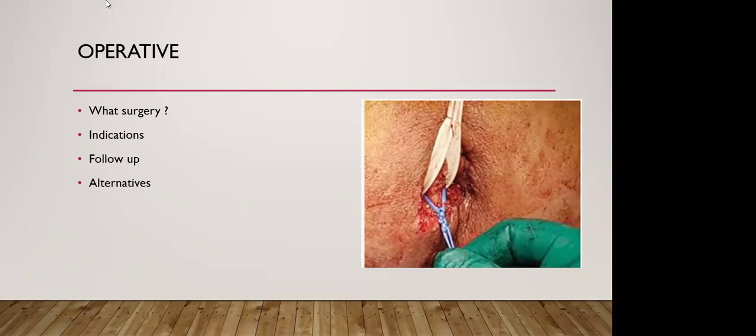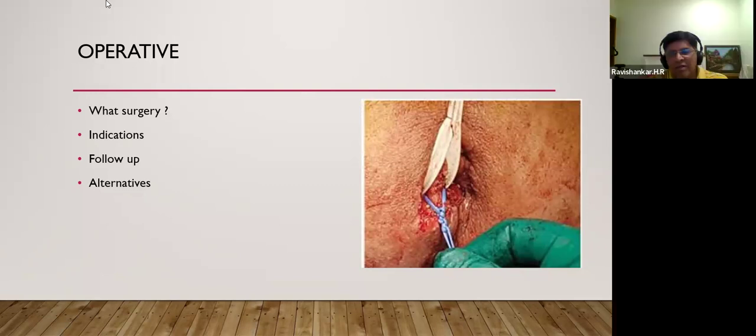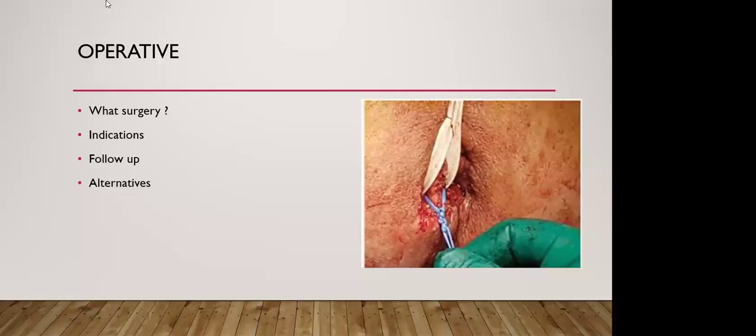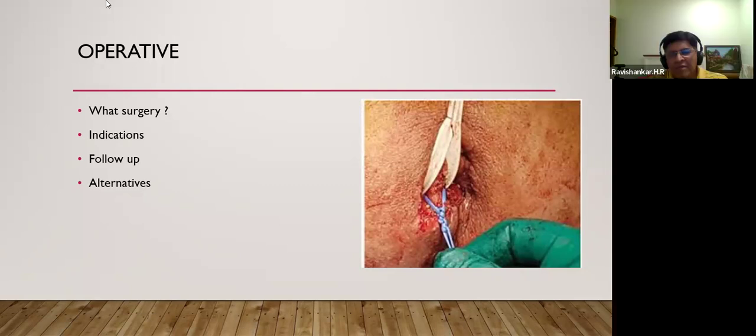Hybrid will be using both techniques, sir. So what is the purpose of a loose seton? Sir, it's for draining the fistula for a longer period. Draining the abscess. No. So when there is a lot of sepsis, it facilitates drainage of abscess.